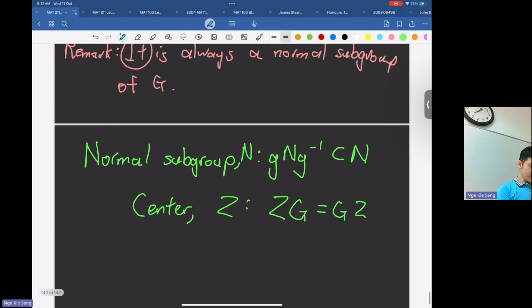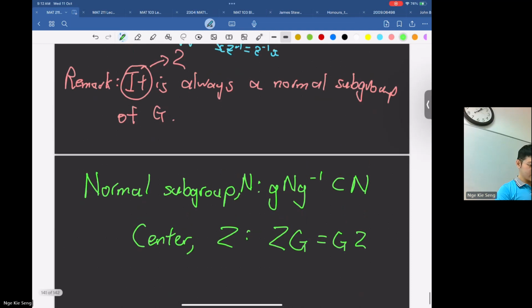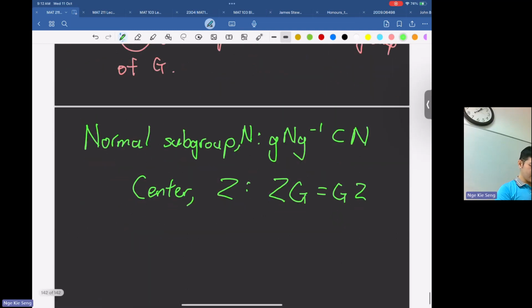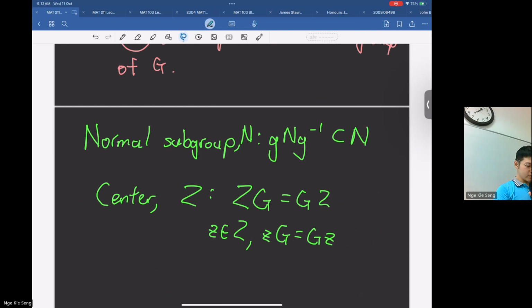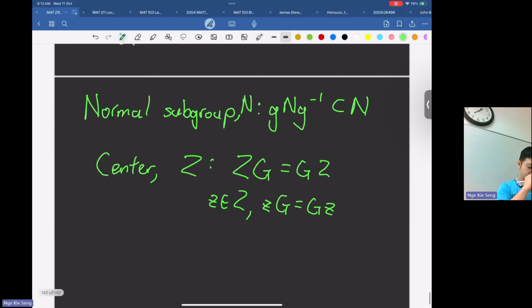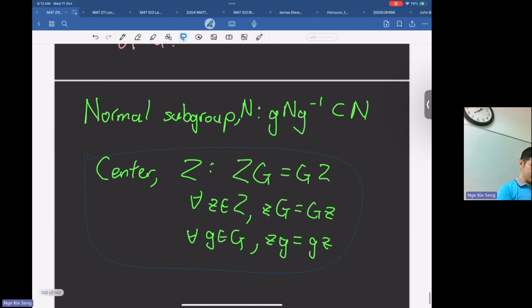Okay, stronger a bit. If I choose a little z in Z, then z times everything is equal to everything times z. Even stronger actually, for all g in G, zg equals gz.